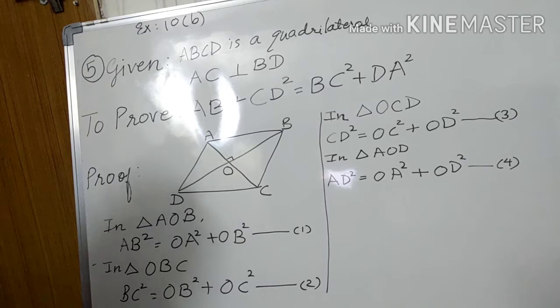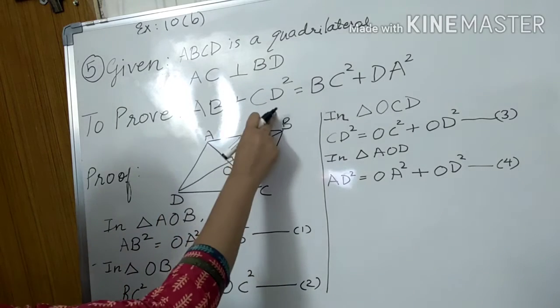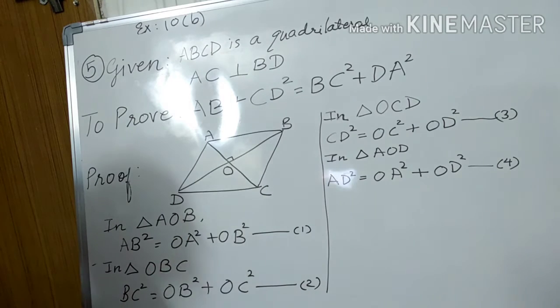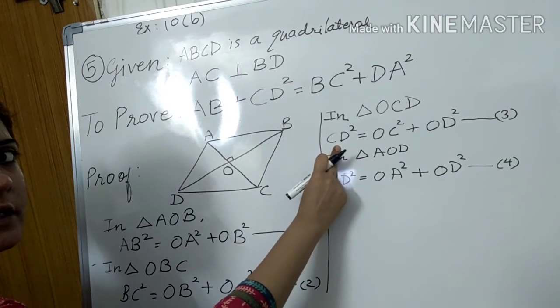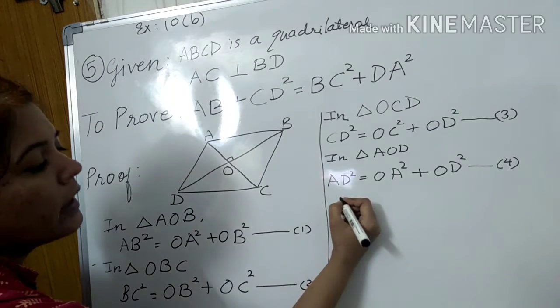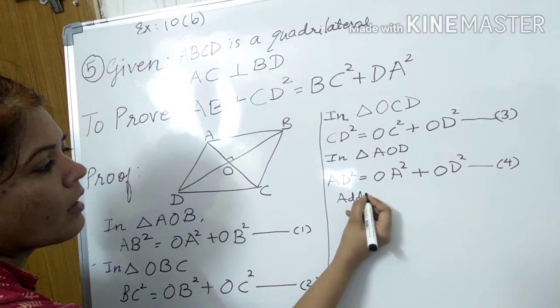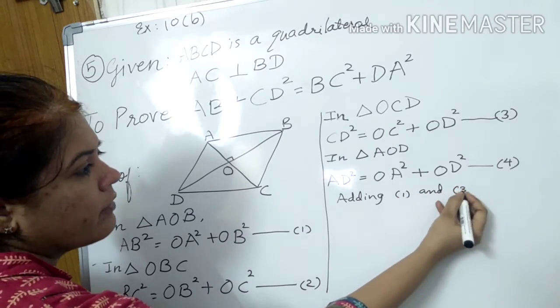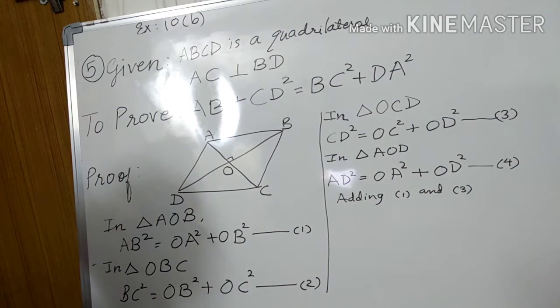Now, you have to again think of what you want to prove. In to prove part, we have to show this on the left hand side. So here, in result 1, AB square is there on the left side, and in result 3, CD square is on left side. So what I will do? Adding 1 and 3. I will add result number 1 and 3.